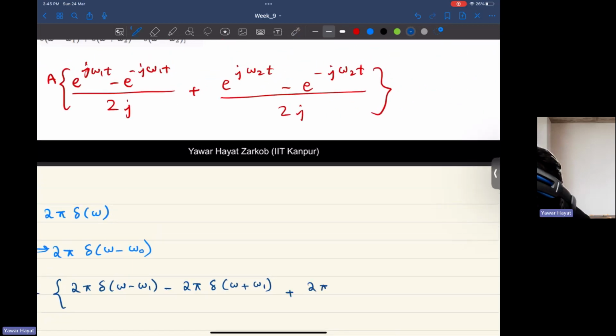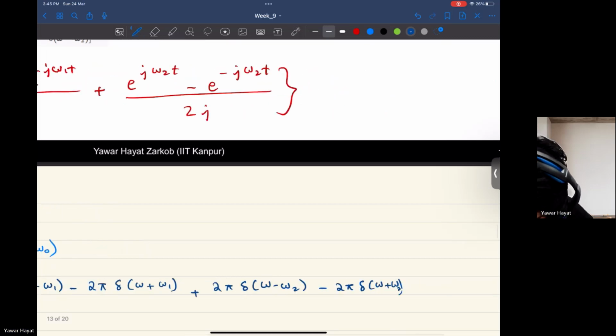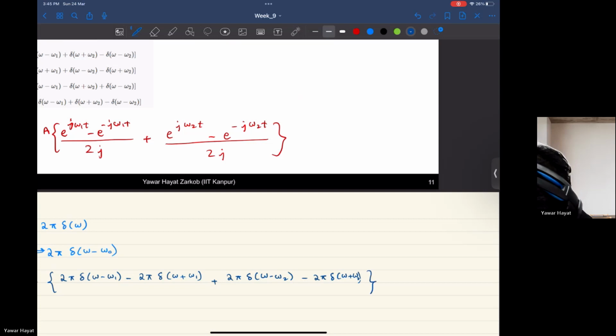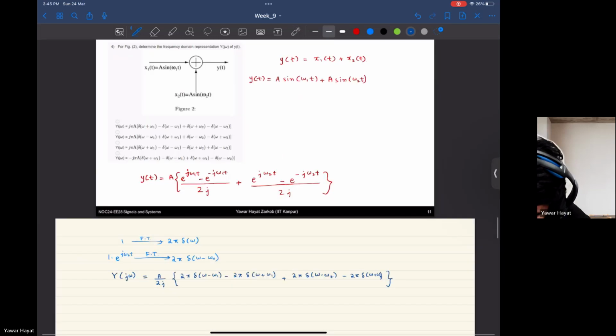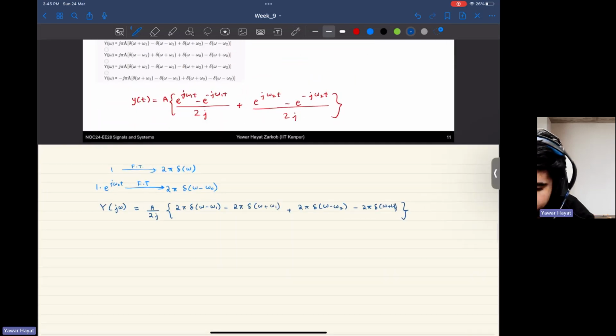Likewise, we'll have 2 pi delta of omega minus omega 2 minus 2 pi delta of omega plus omega 2. Right, now I'll take this 2 pi common and rearrange.